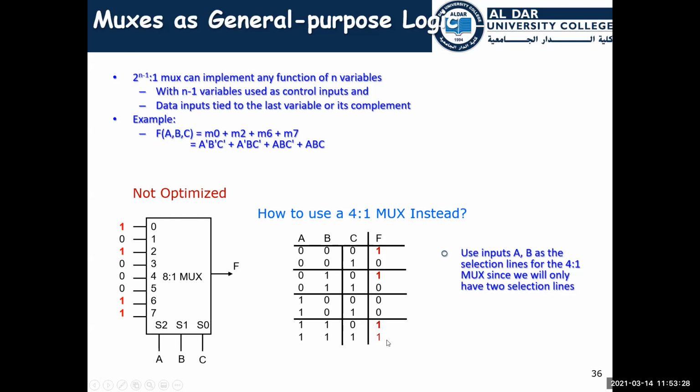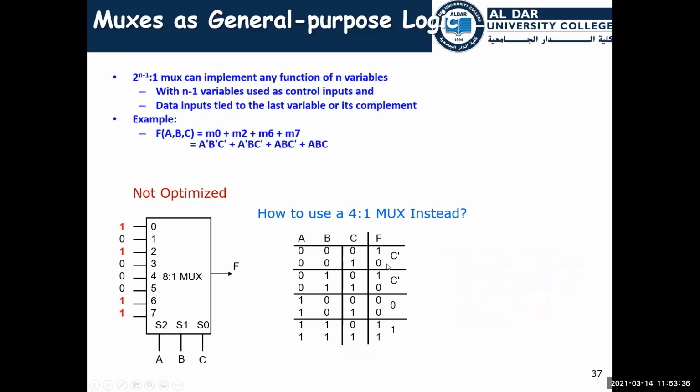Okay? Now I can represent the same thing using C. I can represent the function using C. So the function's input here will be C complement, because I am complementing C. Here is C complement, here is 0 always, and here is 1 always.